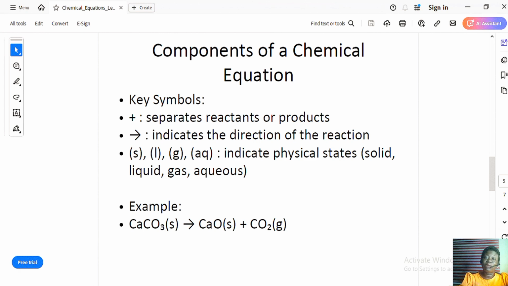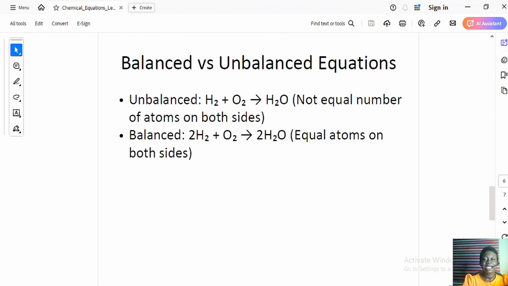I said the arrow can be two ways or one way. So it's only telling you the direction of the reaction. And we looked at the physical states, which state the physical state of the element or the compound or the substance. So I said when it is S, it is solid. When it is L, it is liquid. When it is G, it is gas. When it is AQ, it is aqueous.